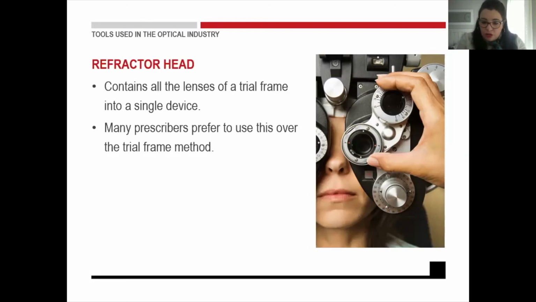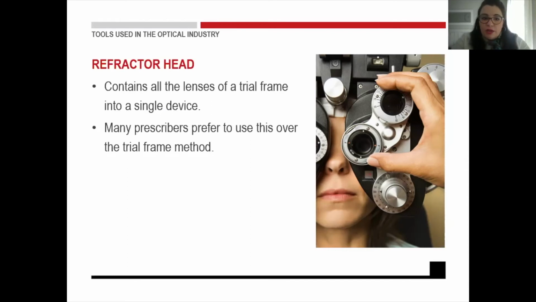He looks through the two holes, and we change the lenses by turning a knob. So instead of having to walk to the trial case and putting new lenses in, you just turn the knob. So this makes testing eyes quicker, and we can also have a lot more options of lenses in the phoropter head. So this is basically the latest method of testing eyes.